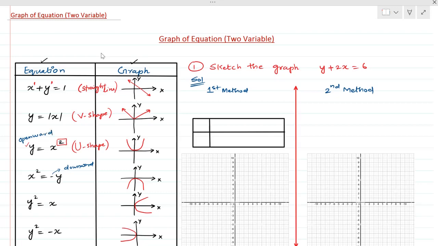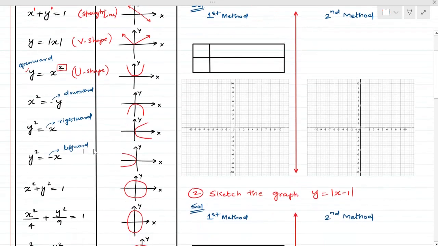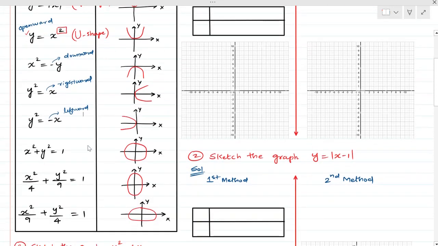When you have a positive x, it opens rightward. When you have a negative x, it opens leftward. So the graph is U-shaped, on the left side.